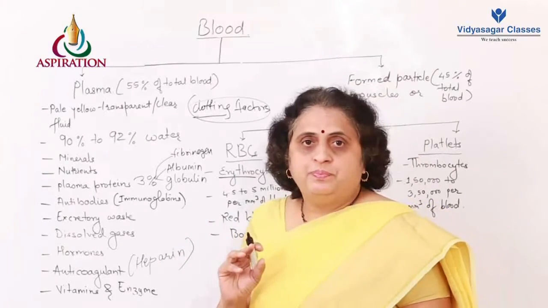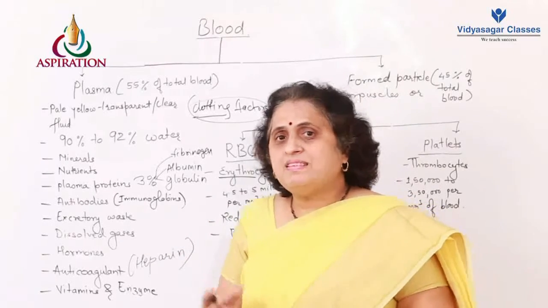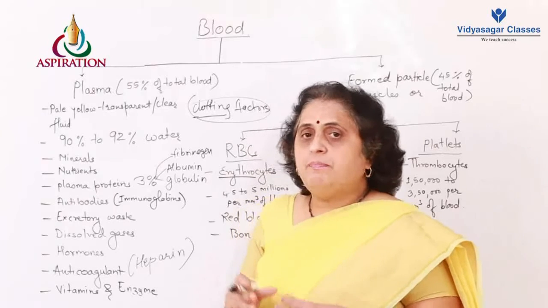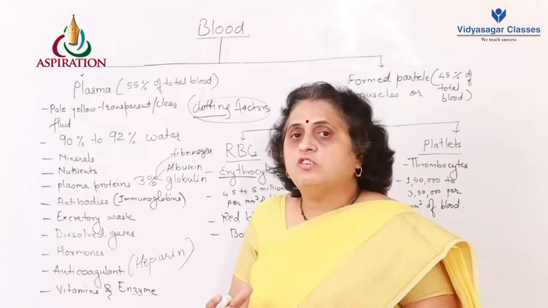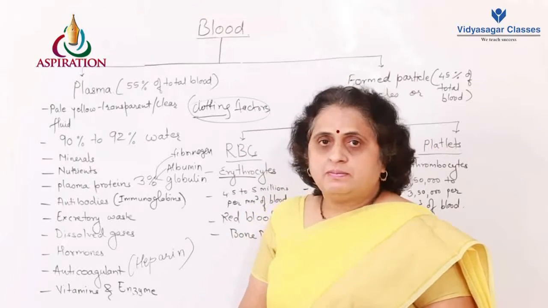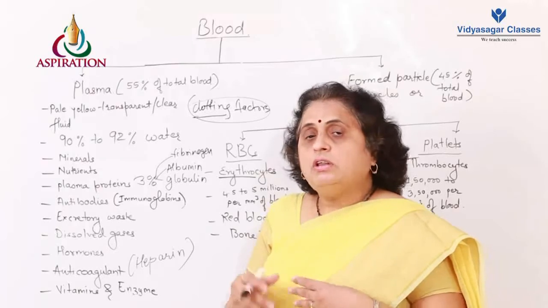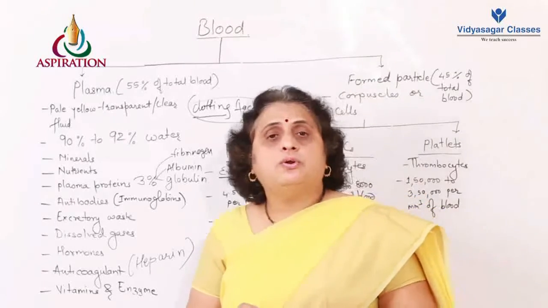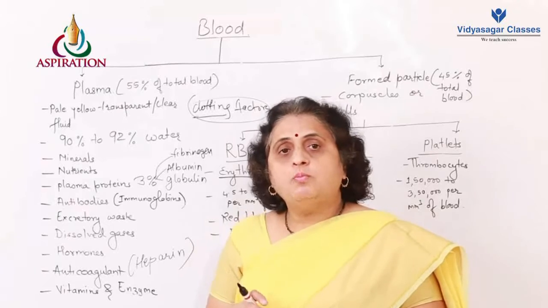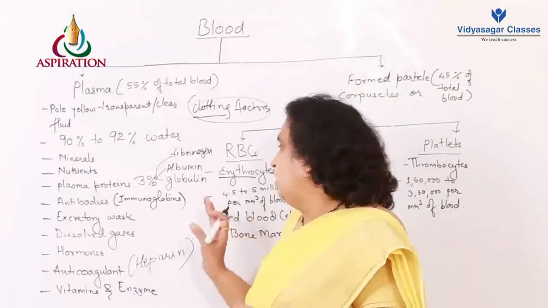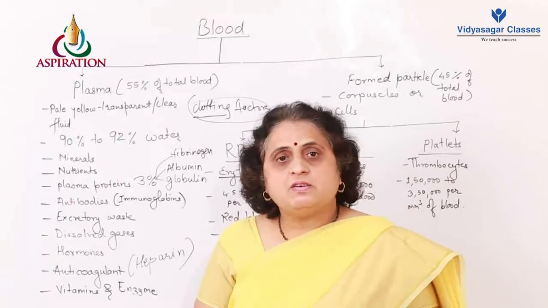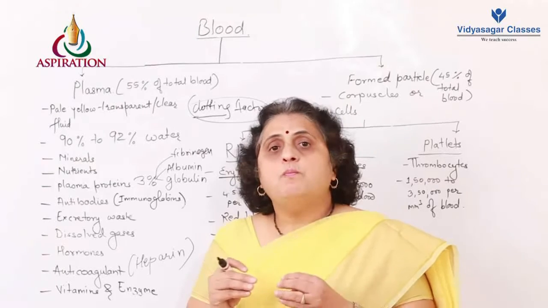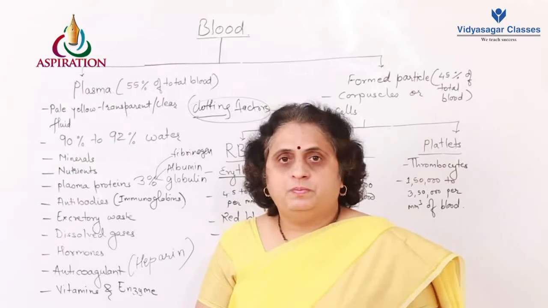bone marrow. How many RBCs are to be released depends upon how the hemopoiesis is going to take place. Now, erythropoiesis is under hormonal control. The hormone that controls the production of RBC is called erythropoietin hormone.